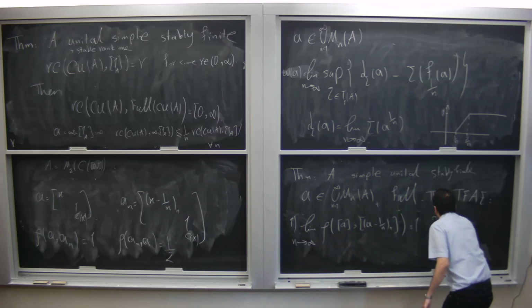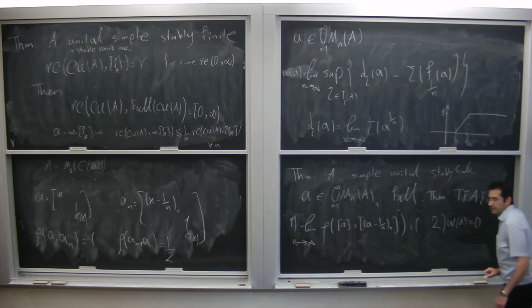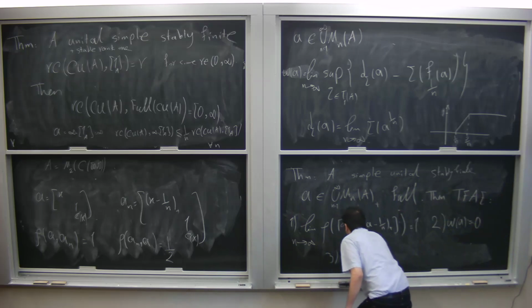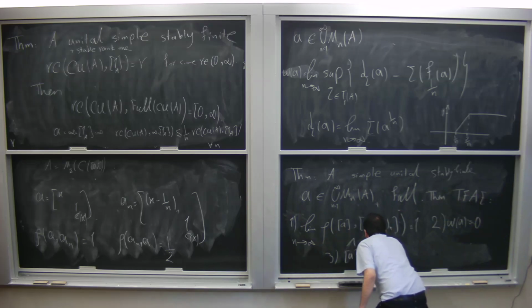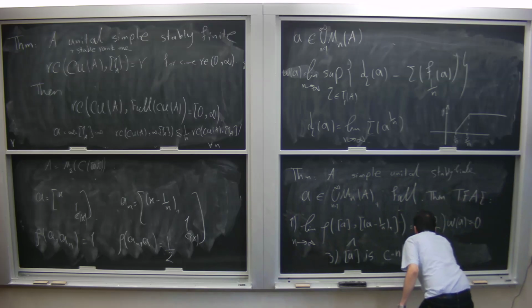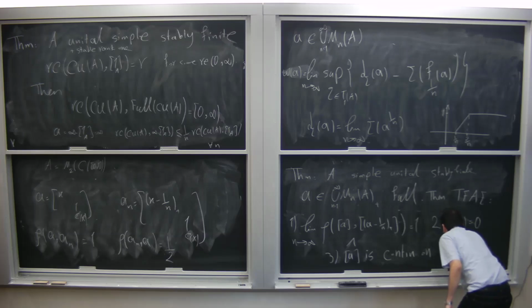Number two, the oscillation of a is equal to 0. And number three, the rank of a is continuous on the normalized functions.